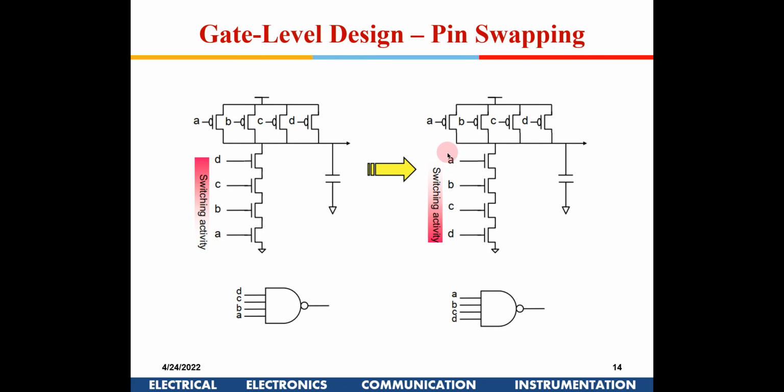Suppose this A remains off most of the time. Okay, if A remains off most of the time, any switching which is happening at D will not take power from the VDD, right? Because after all, we want this output to be changed only when A, B, C, D, all of them are high.